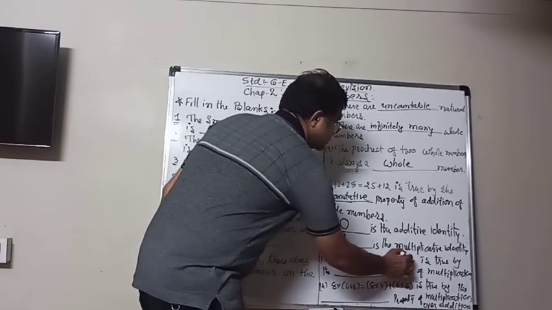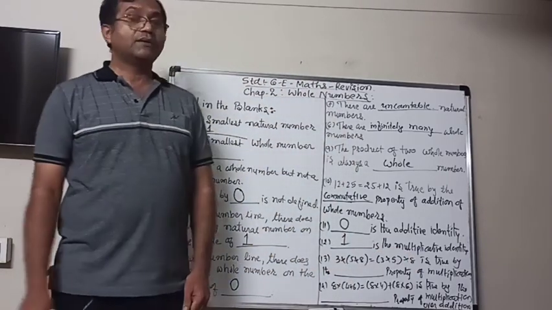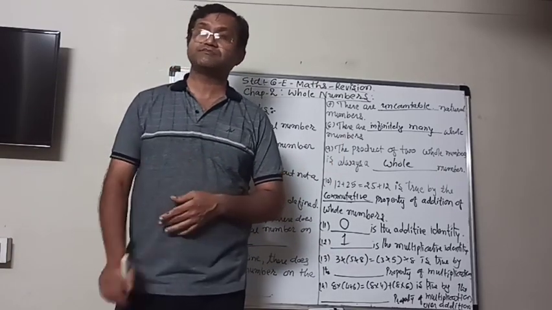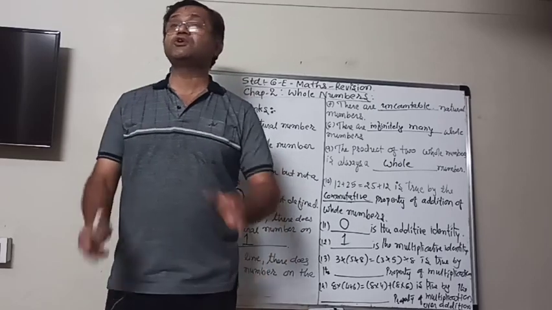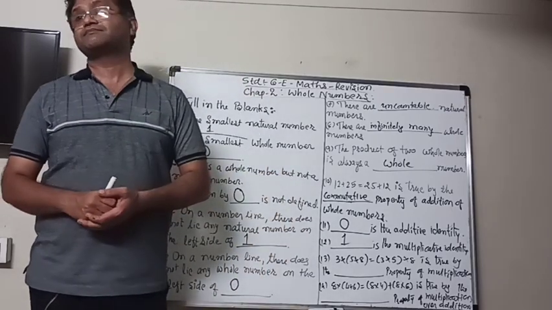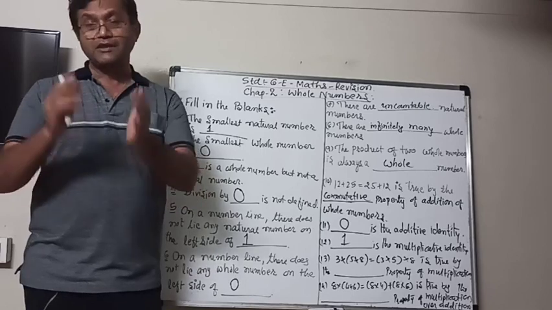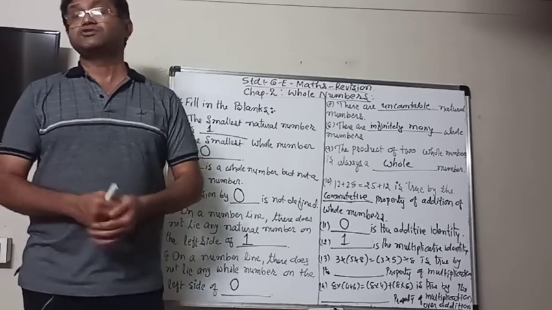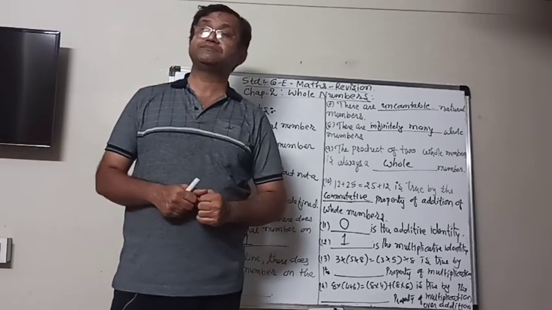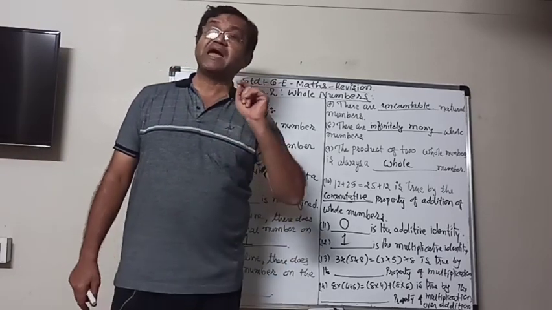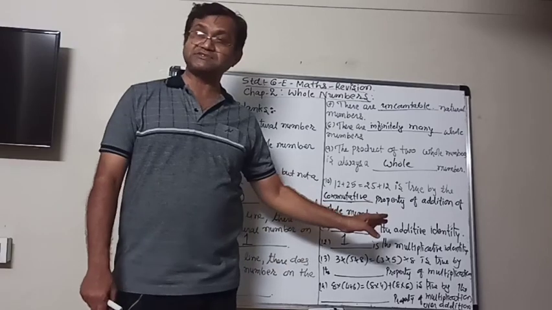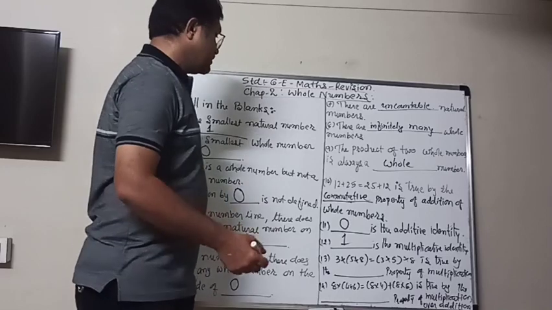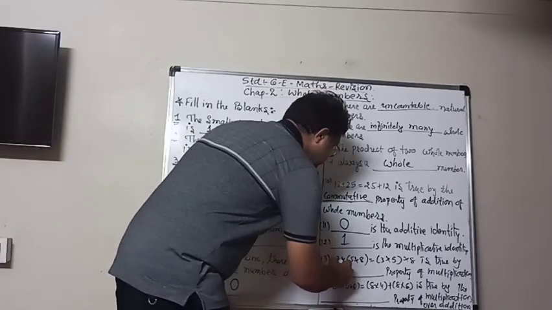You know that for addition and multiplication, for both, this property holds. You can make groups of the desired numbers. When 3 or more numbers are there, you can group them so that your calculation is easier, and that is known as associative property. It is for addition if it is plus, and for multiplication if it is multiplication. So here it is associative.